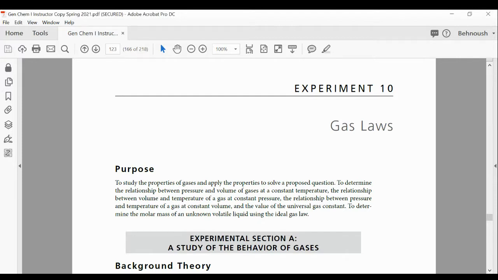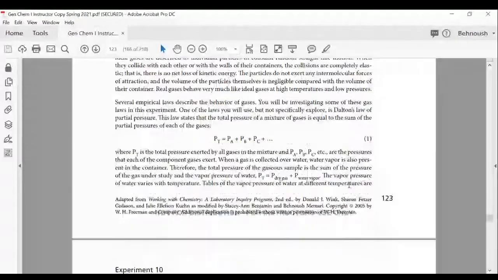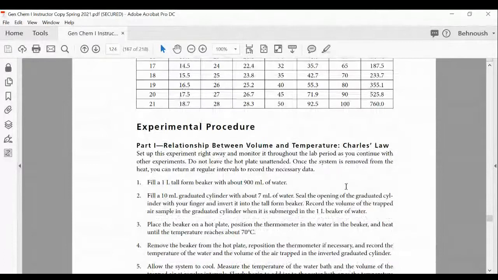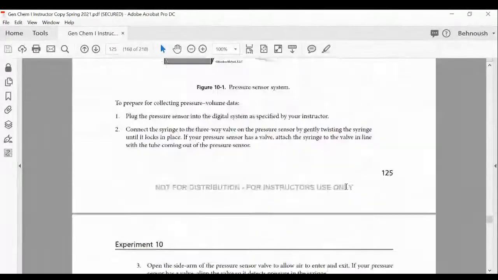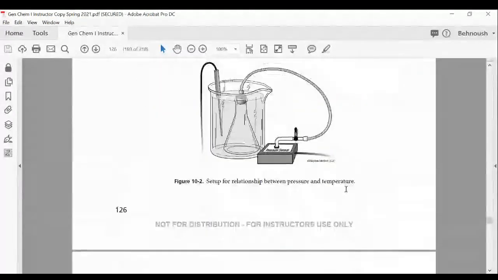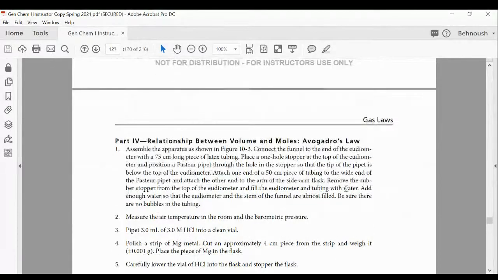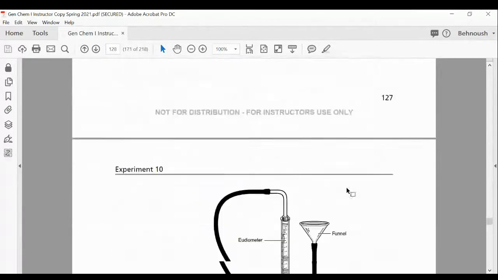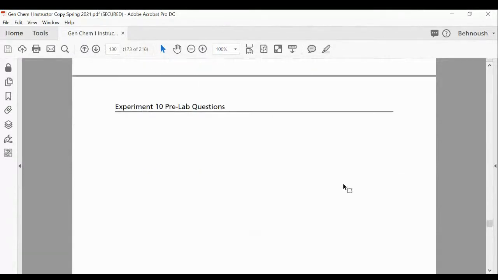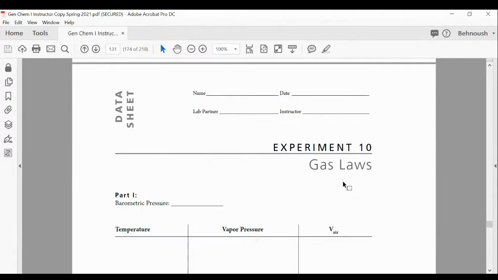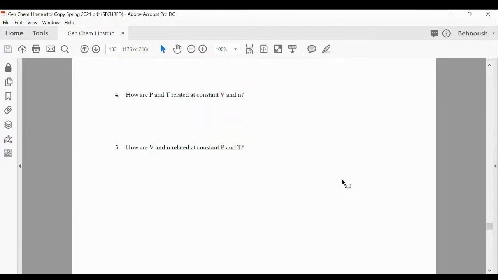Okay, we are doing part B of experiment 10, which is determining the molar mass of an unknown volatile liquid using the gas laws.